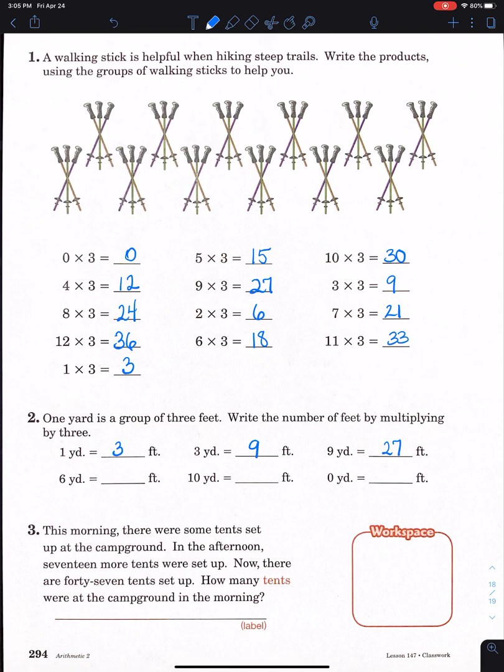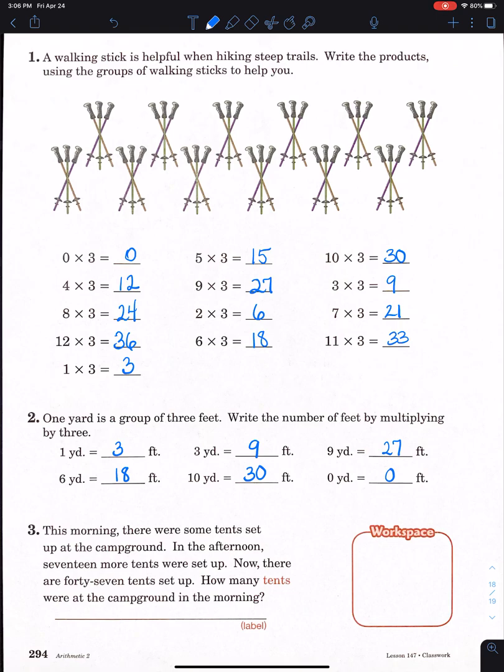Well, 6 times 3, or 6 groups of 3 feet, 18. 10 yards, that's the same as 10 groups of 3 feet, would be 30 feet. 10 times 3 equals 30, and 0 times 3 equals 0 feet. 0 yards, 0 feet.